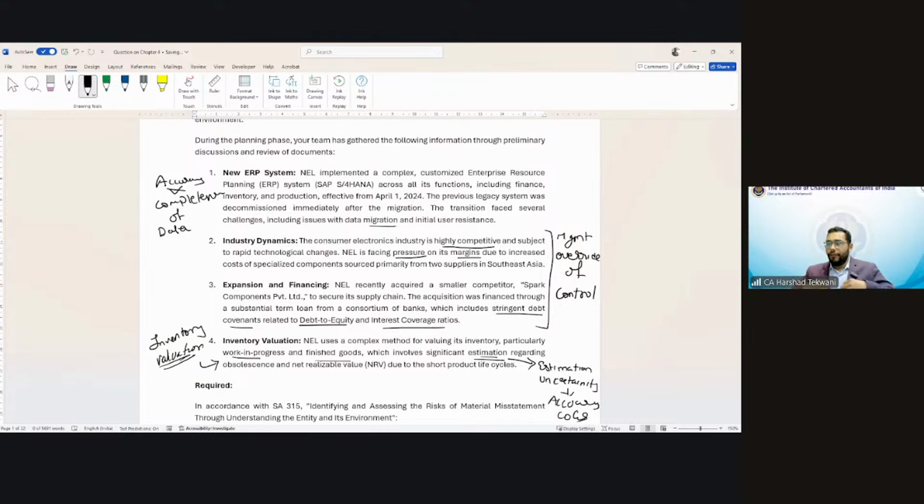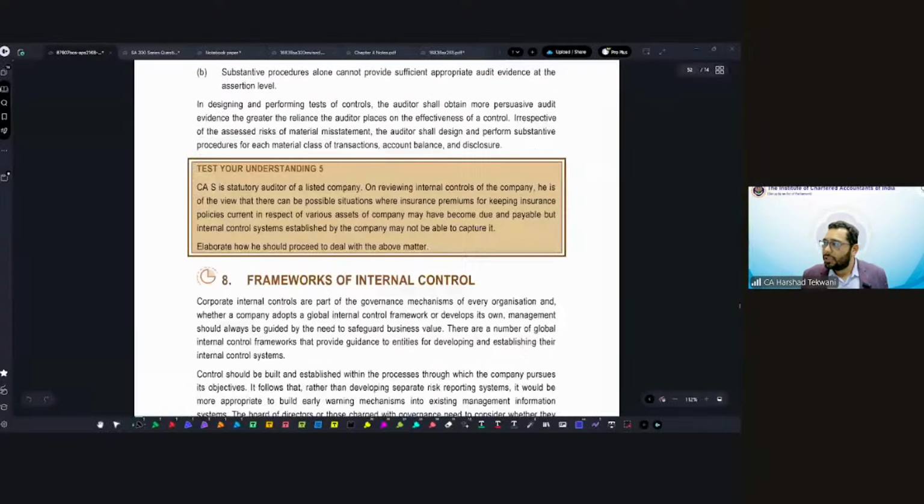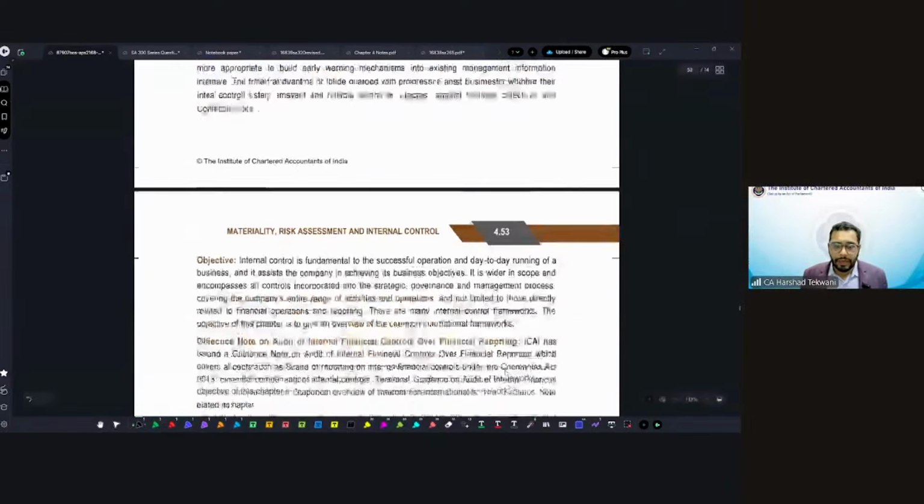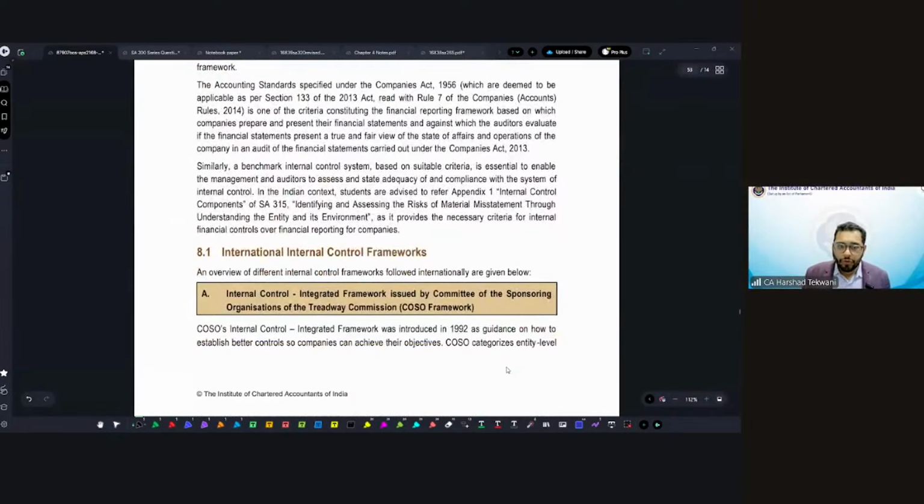Okay. So if no further doubts, we have completed chapter number 4. I will take you to chapter number 4. We will quickly go through again the rest of the part. That is, we discussed the framework for internal control, where we discussed the COSO framework.